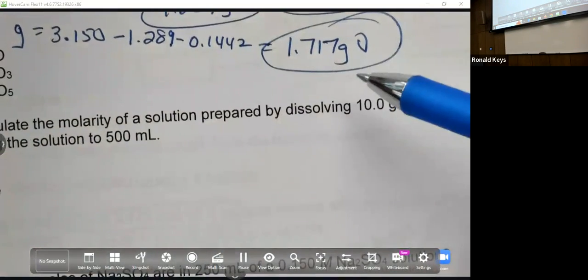Well, which one did we look at? We looked at 12 here previously.